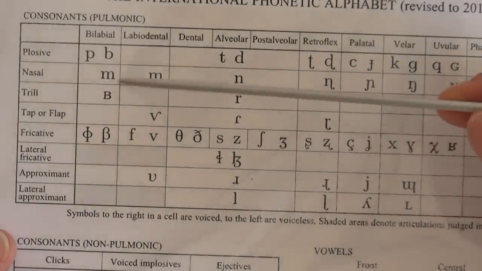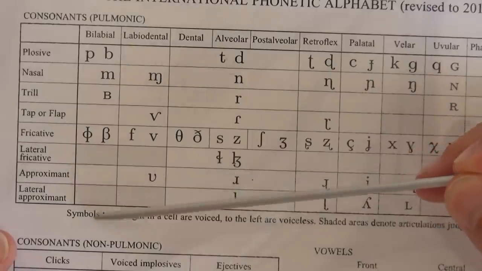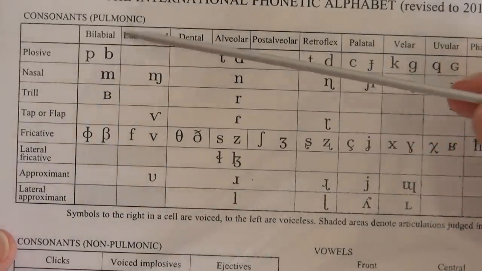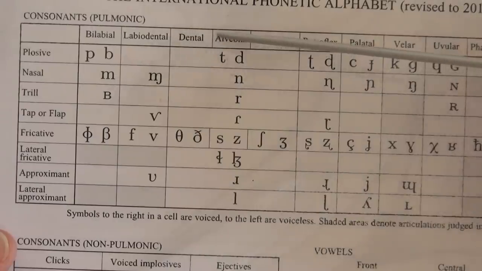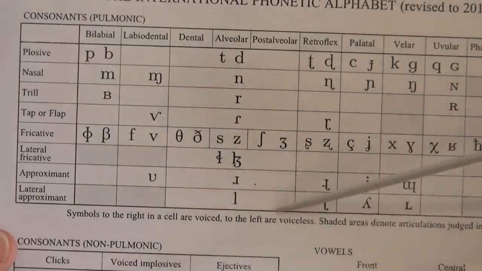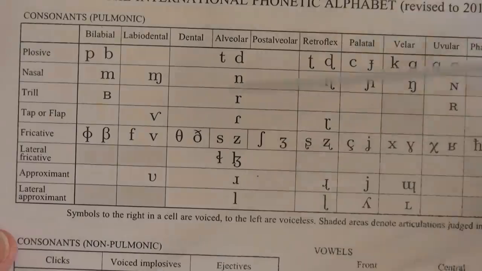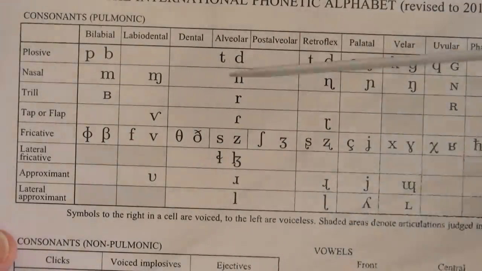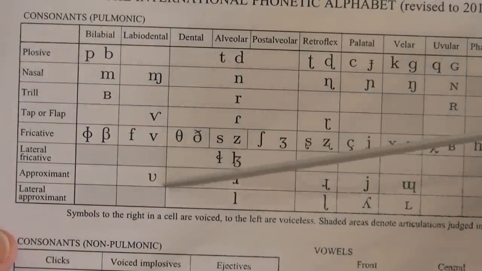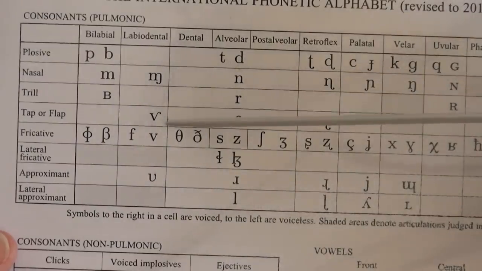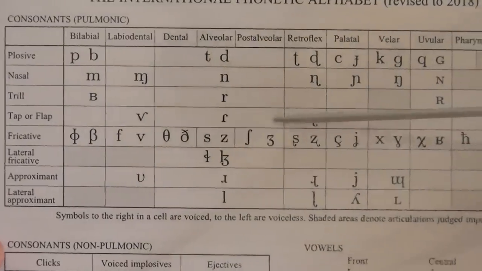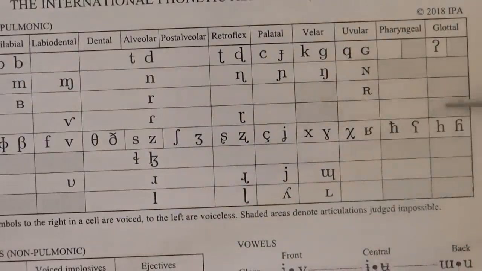It's how you pronounce consonants in various languages. So, however you pronounce the consonants, it should be represented here in this chart somehow.